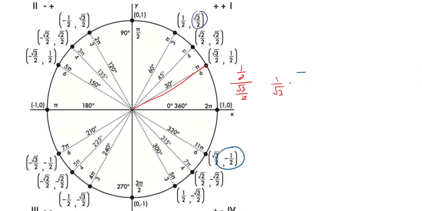Maybe it would have been easier to leave it that way. But then if we rationalize that as well, we get root 3 over 3. So it's going to be there. And then the other place that happens will be down over here, where we have a negative over another negative, to make it positive. So it's going to happen at pi over 6, and it's going to happen at 7 pi over 6. Okay, those are the two.